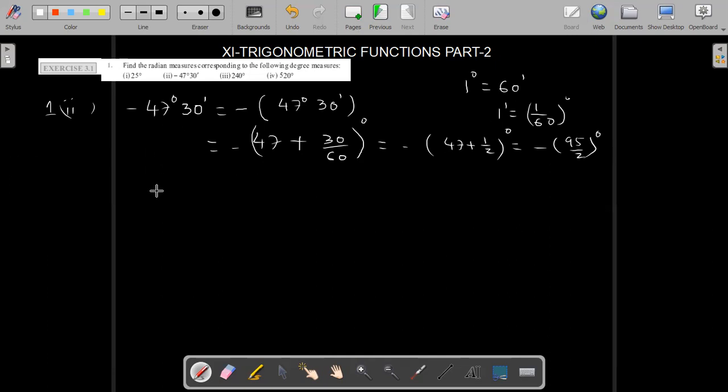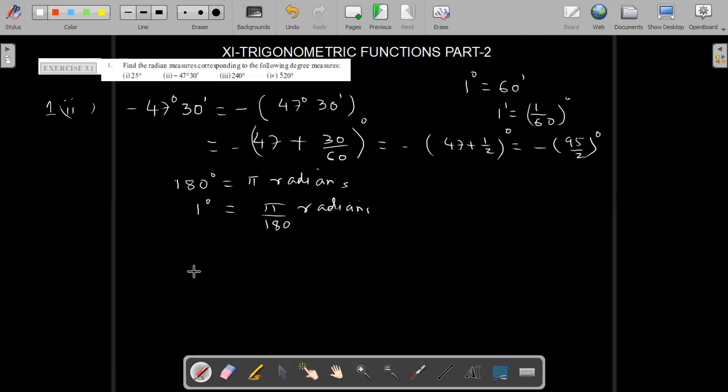Now, as I told you, you should remember the relation. We are converting degrees, so here on the left side we will write degrees. 180 degree is equal to pi radians. So 1 degree will be equal to pi by 180 radians.